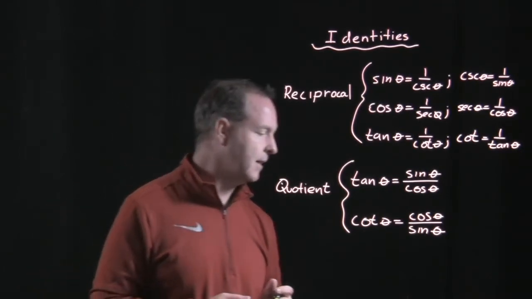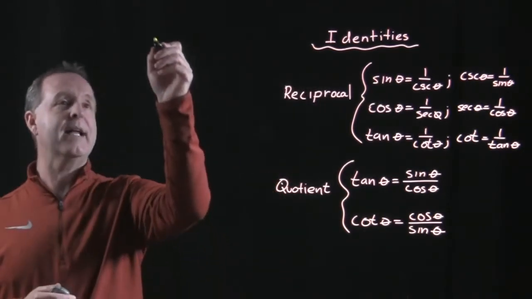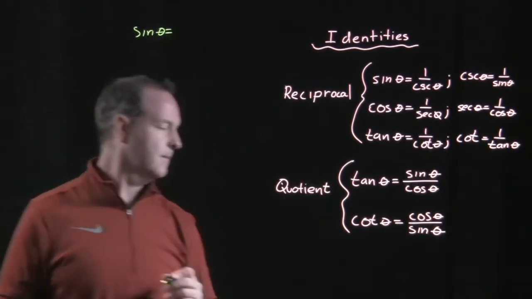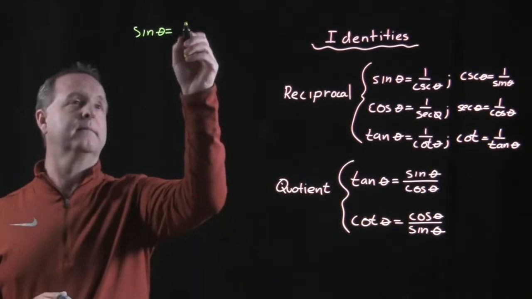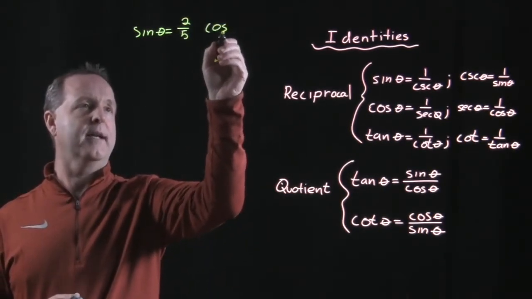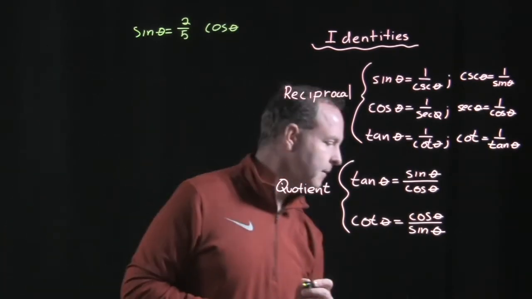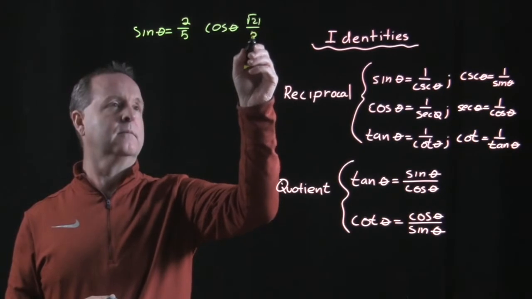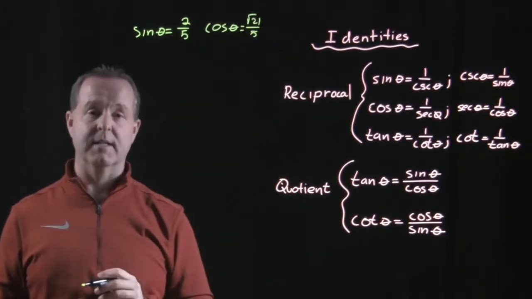So let's say that we are given that the sine of theta is 2/5, and I'm given the cosine of theta is root 21 over 5. Nice number, isn't it?